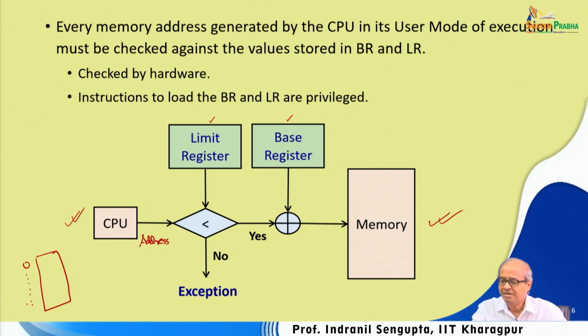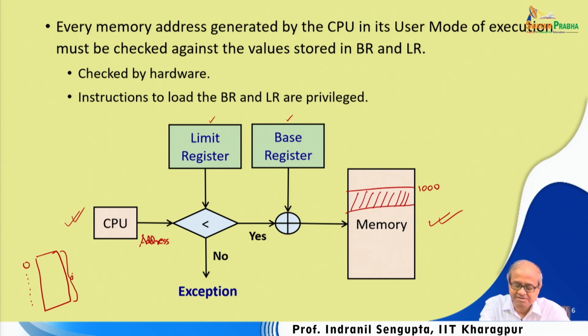But in memory, the process can be loaded from anywhere you want, it may not be starting from 0. Let us say it is getting started from memory location 1000. So, when the CPU generates an address, it is with respect to 0. The limit register contains the size of the process. If the size of the process is k, you load the value k in the limit register.